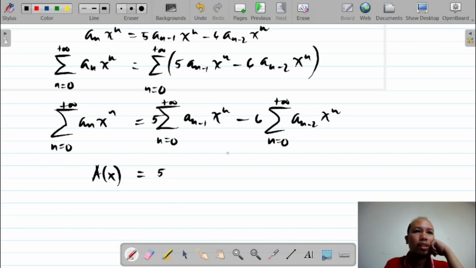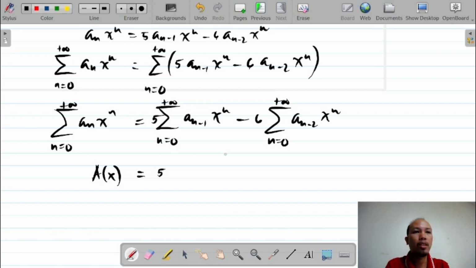Okay, what happened here? Do we have a problem? Is it okay if we start with n is equal to 0? I think, what do you think? I think it will not work.